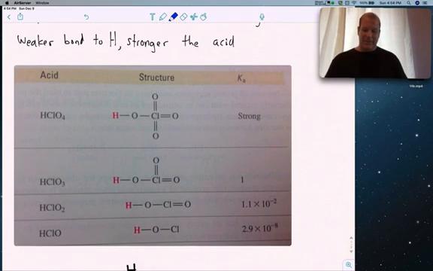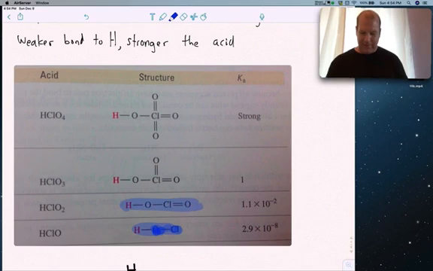So what is happening is the electron cloud is going more towards the oxygens and the chlorine here. These oxygens are soaking it up, and then you add more oxygens. These are the electron vacuum cleaners.